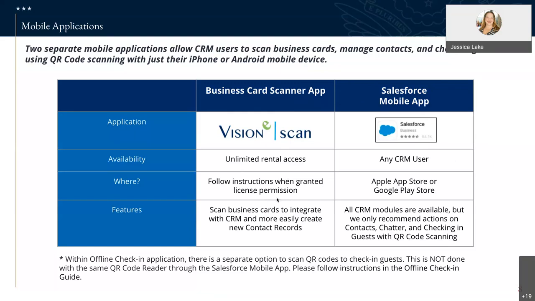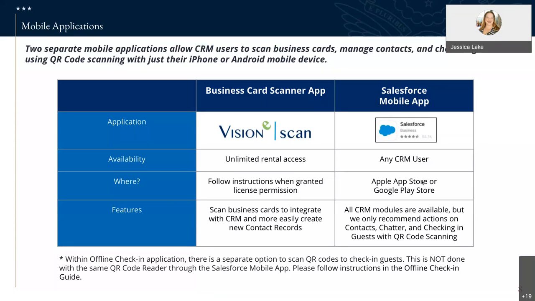So we're going to talk more about how you can get access to this license through the help desk. We have really explicit instructions of which app you download when you get permission. It's going to be through the Apple App Store and Google Play Store for both, but we are explicit about which app.